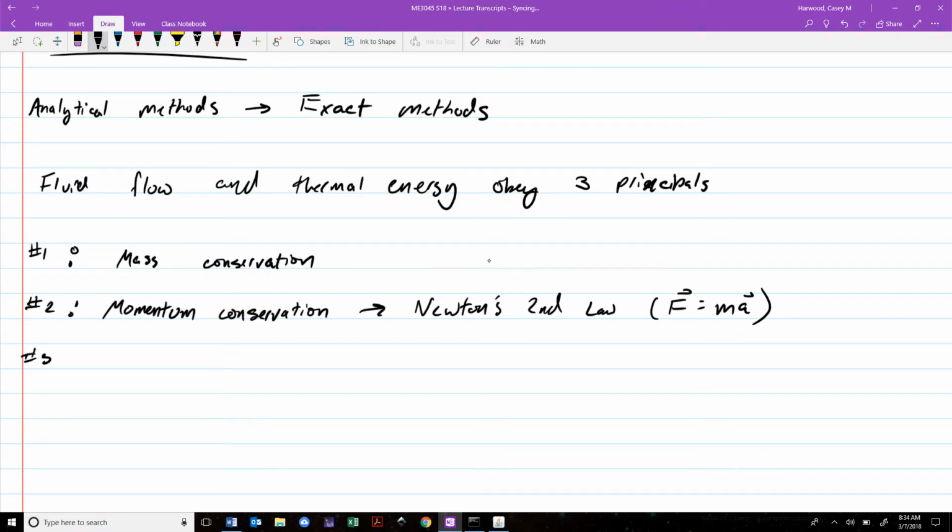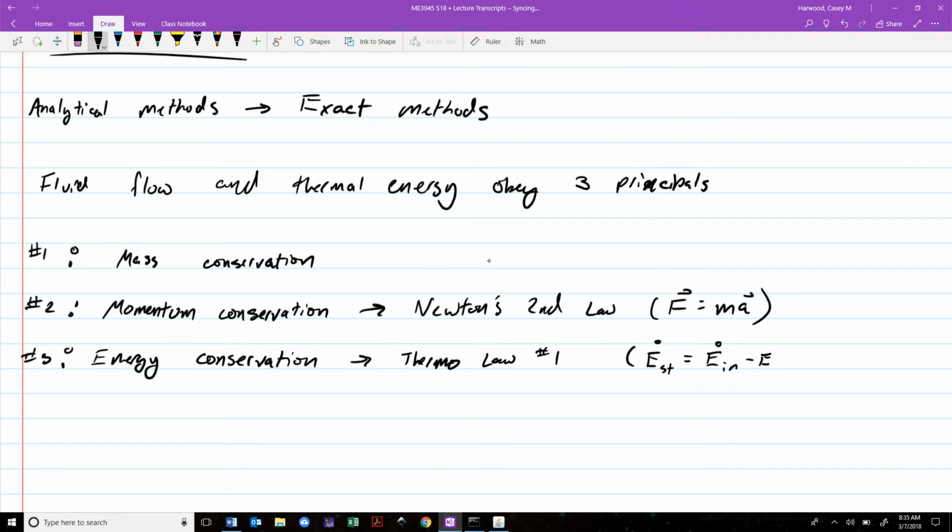And number three is energy conservation, which we've discussed as the first law of thermodynamics, energy in minus energy out plus generation equals storage.